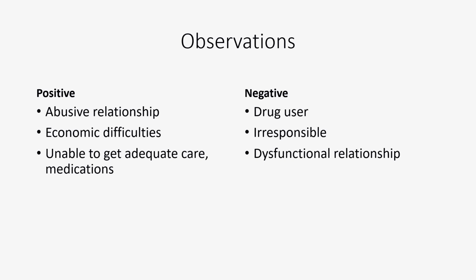Even though she's positive for marijuana, which in some states is not even illegal anymore, we could label her as a drug user, and then we may have developed an anchoring bias that she's a drug user, so any abnormalities we see in her blood pressure or other labs, even though marijuana shouldn't elevate your blood pressure, maybe that's why. She's irresponsible, or maybe she has a dysfunctional relationship, so maybe there are character issues with her.